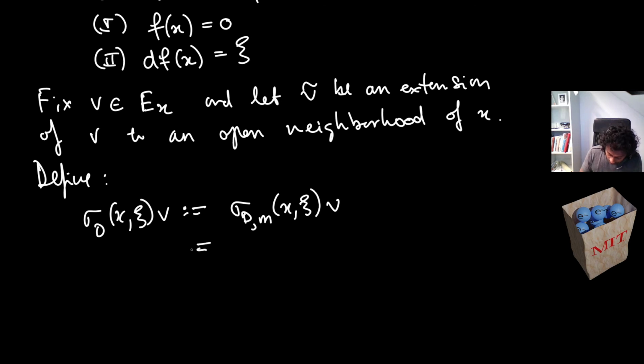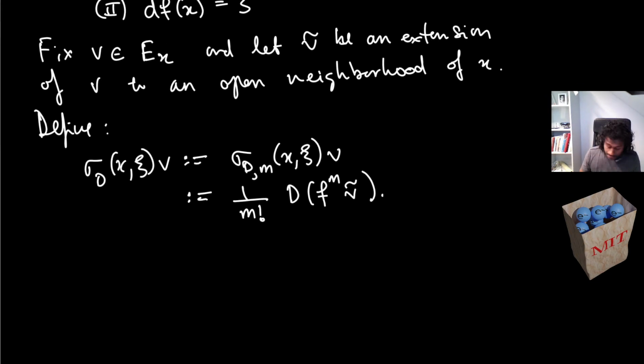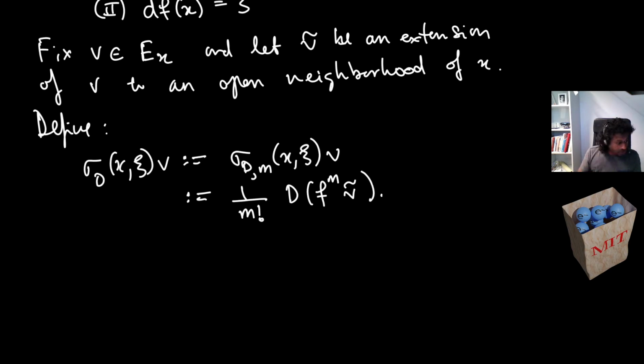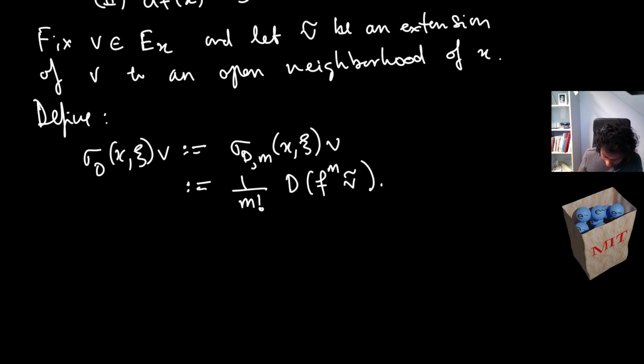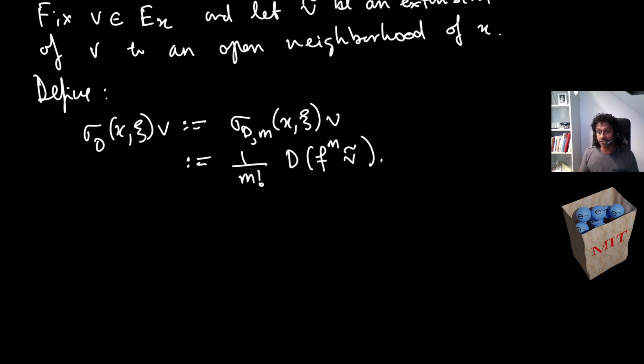So in turn, this is defined as follows: 1 on m factorial of the differential operator acting on the mth power of f acting on v tilde. Okay. So this is a global definition, right? Before I did this local calculation, and this is really a global definition.